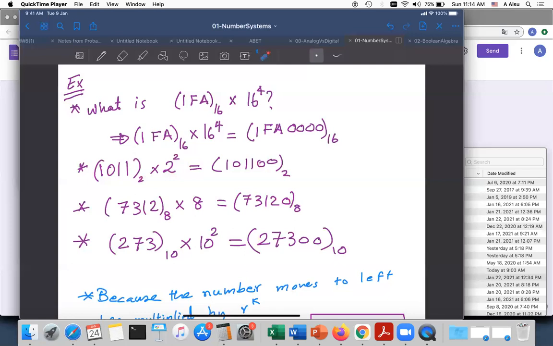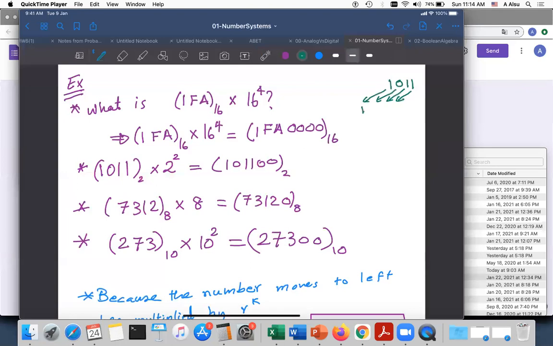Let me give you a perspective of why we call this a left shift operation. We have the number, for example, 1011, and then we multiply it by 2 to the 2, like in this case. If you multiply it by 2 to the 2, then this will be shifted to the left 2 places.